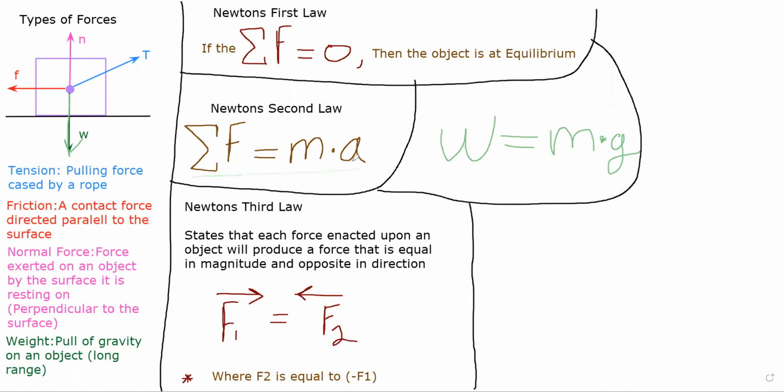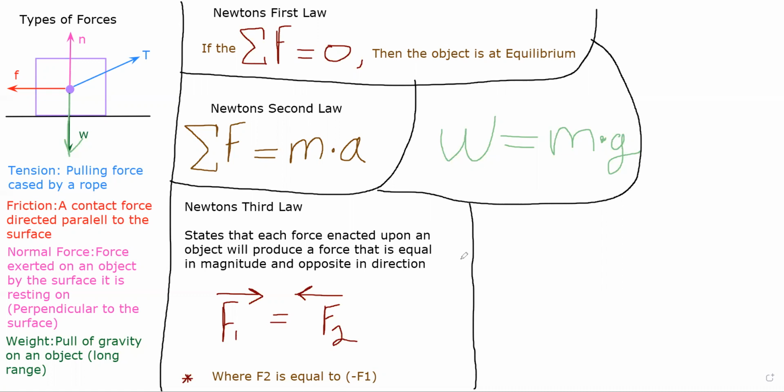And then Newton's third law of motion states that each force enacted upon an object will produce a force of equal magnitude and opposite in direction. The example in the book that was used, I thought was really helpful. When you're walking, assuming that there is friction, if you put your foot on the floor and then push, a force equal to that will cause you to move.